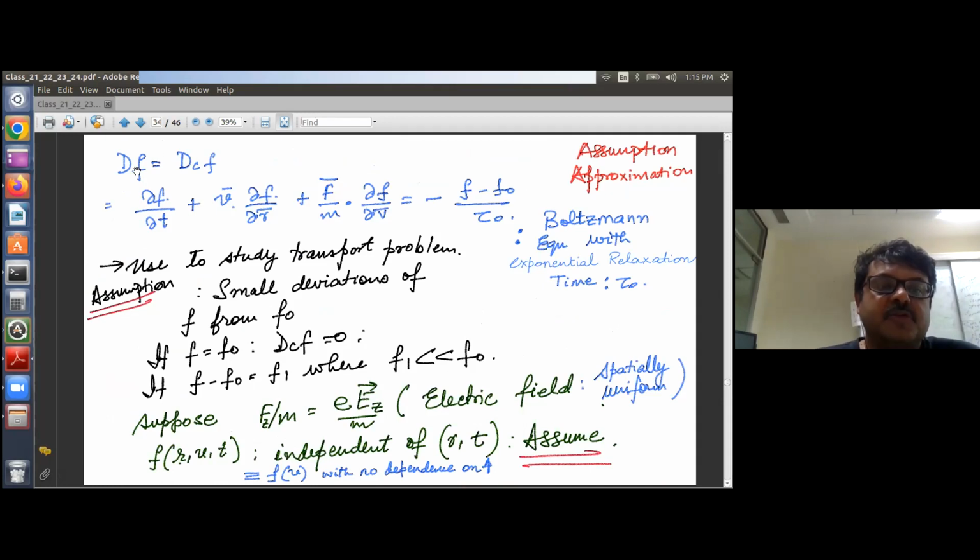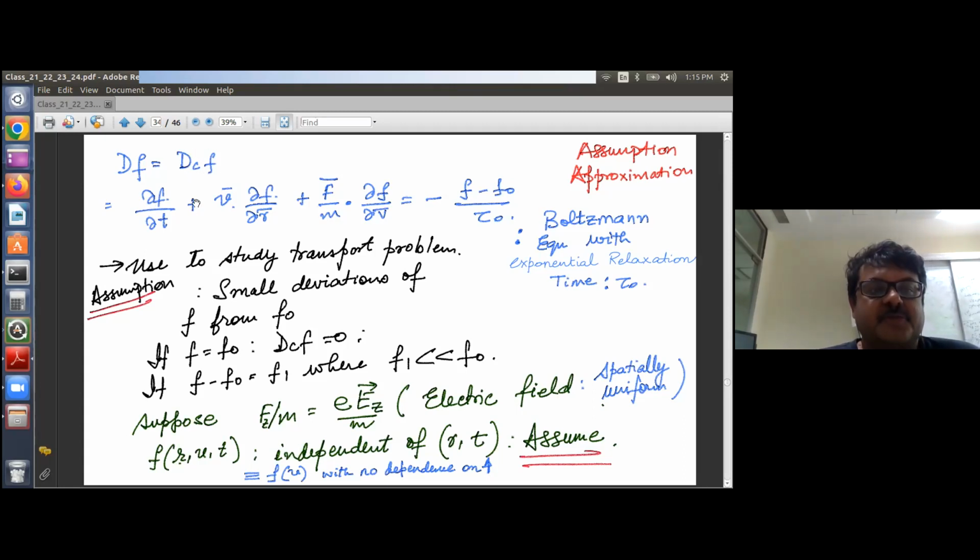And in general, the Boltzmann transport equation can then be written in a very compact manner as df, which is looking at the flow of f in x and v and also t. So how is it moving as the particles move, and that is equal to the collision term.